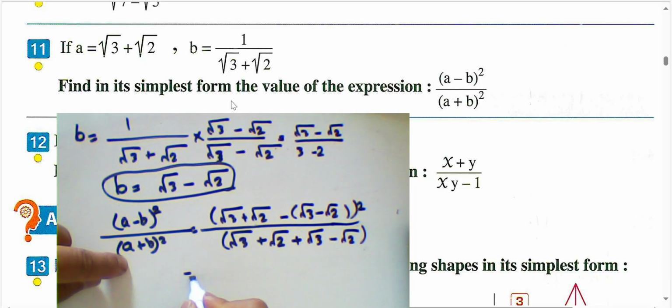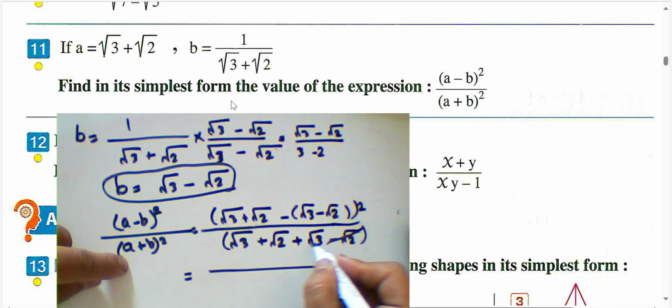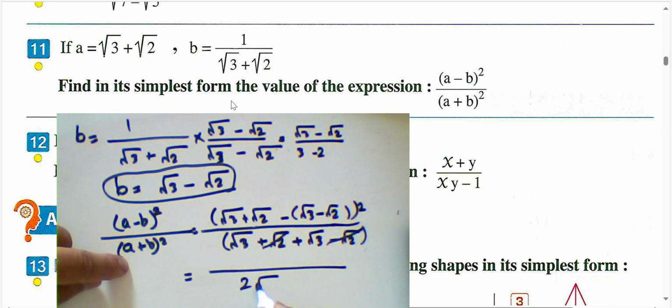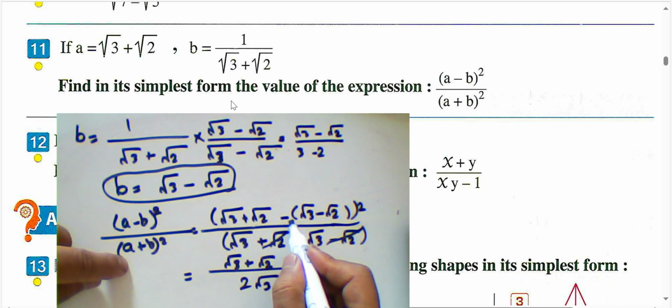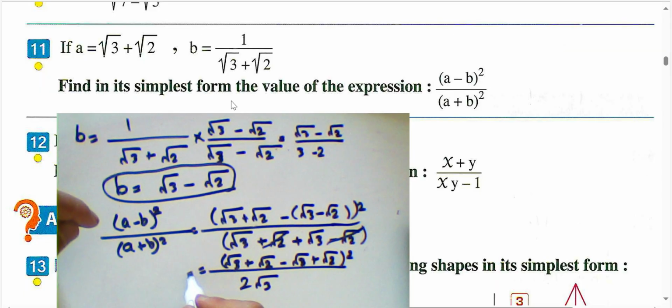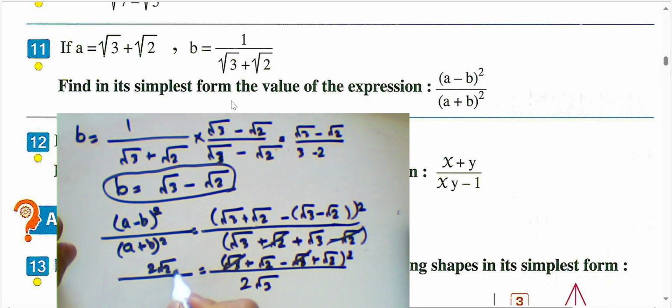Okay, in the numerator we can simplify. Root 3 minus root 3 cancel, and up we write root 3 plus root 3 equals 2 root 3. Negative times the positive gives negative root 3, and negative times negative gives positive root 2, all power 2. Then we can simplify: root 3 minus root 3 is 0, root 2 plus root 2 equals 2 root 2, over 2 root 3.